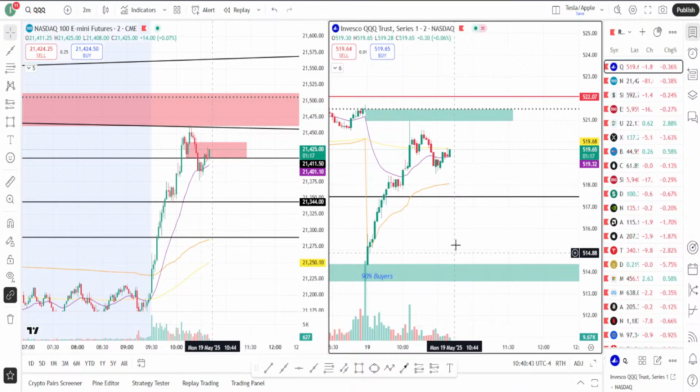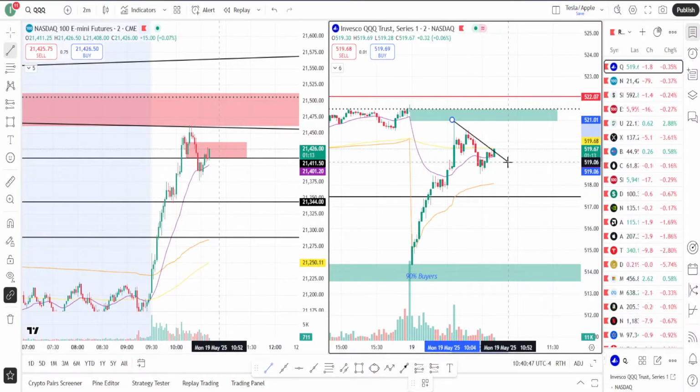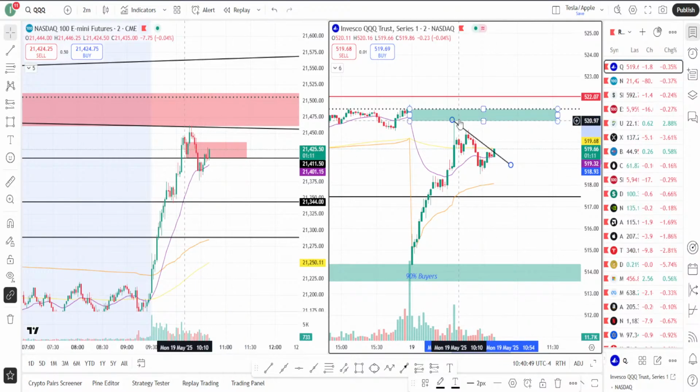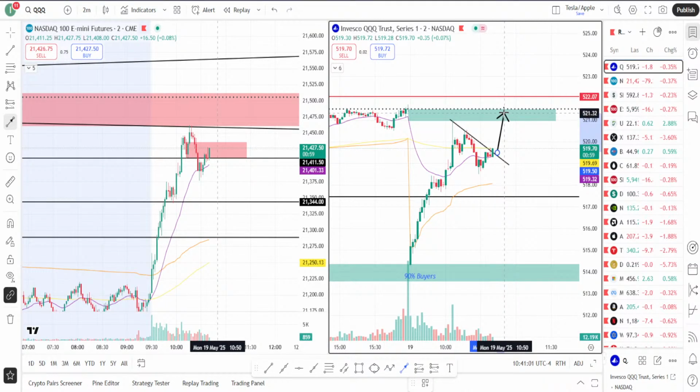Because if you are, that could be a breakout here. That could be an opportunity to go higher, and could potentially push to last Friday's closing price.